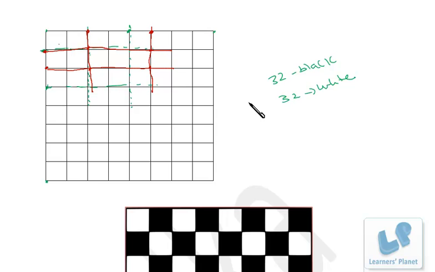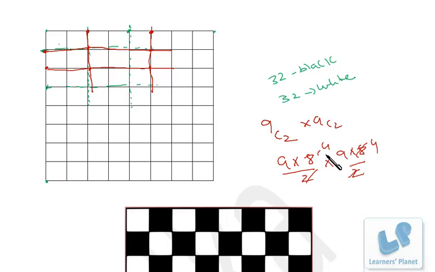There are 9 points horizontally and we need to select 2 out of them. Similarly, there are 9 points vertically, and we need to select 2 out of them. So 9C2 into 9C2, that's 9 into 8 by 2 into 9 into 8 by 2, that's 36 square, so that's 1296. These are the total number of rectangles in a chessboard.